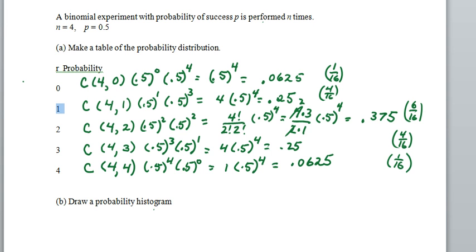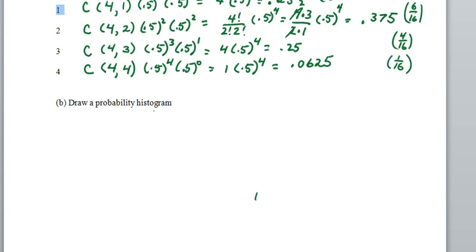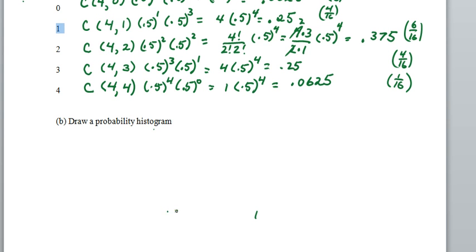So our probability distribution this time has the outcomes from 0 to 4, and here we'll do the probability in terms of sixteenths, and we have to go up to 6/16.